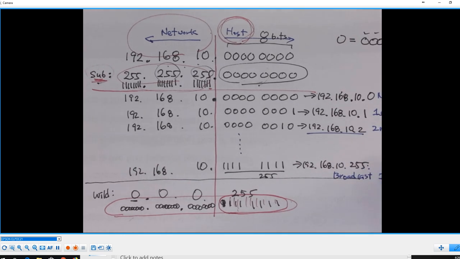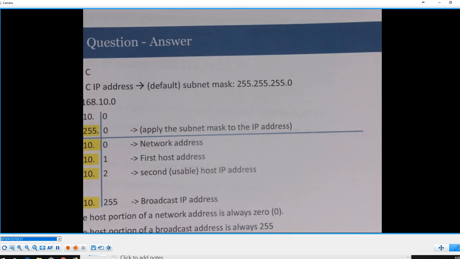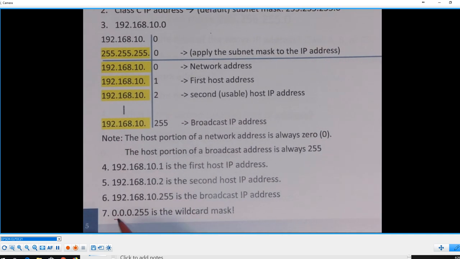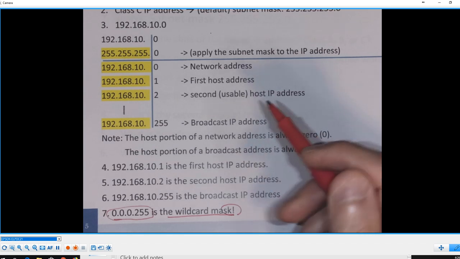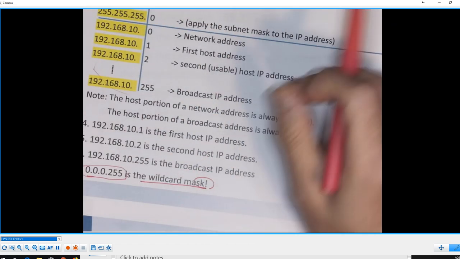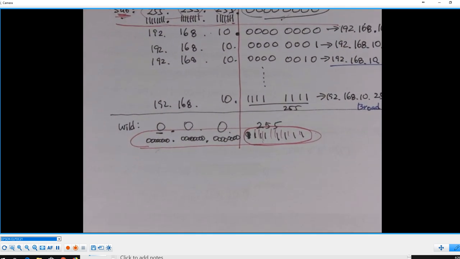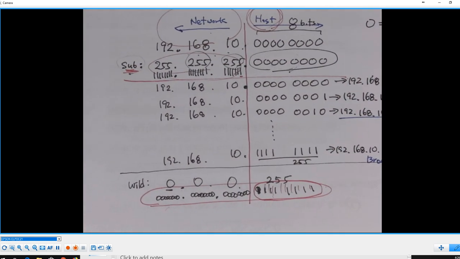Okay. Having said that, 0.0.0.255 is the wildcard mask for this particular problem, right? Basically, this diagram is the same as this.